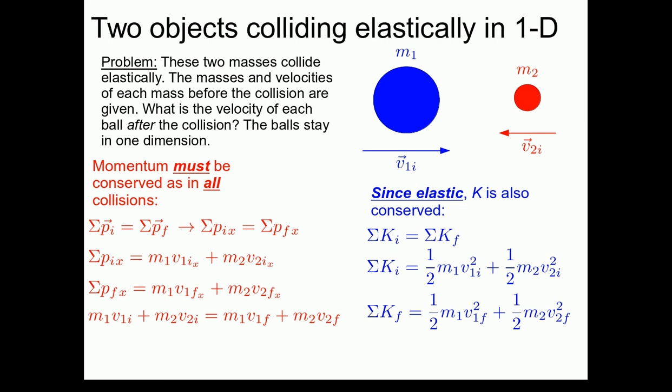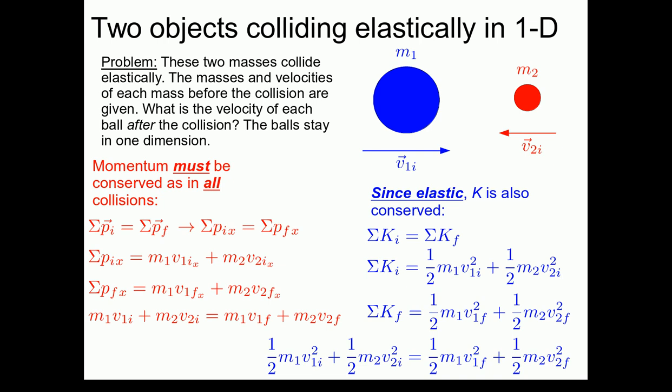Similarly, we have the kinetic energy after the collision. We don't know what v1f and v2f are yet, but whatever they are, they will just go into our expression for kinetic energy, and we will add these two kinetic energies to get the total. For an elastic collision, the kinetic energy is conserved, so we can place the initial kinetic energy on the left equal to the final kinetic energy on the right.